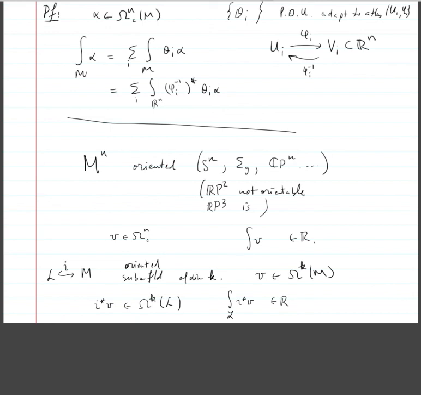So we see, as I explained in the goal at the beginning, having a k form you may not be able to integrate it over all of M, and you may not be able to evaluate it at a point and get a number. But if you have an oriented submanifold of dimension k, then you could take this k form and integrate it over L, and we would get a number.